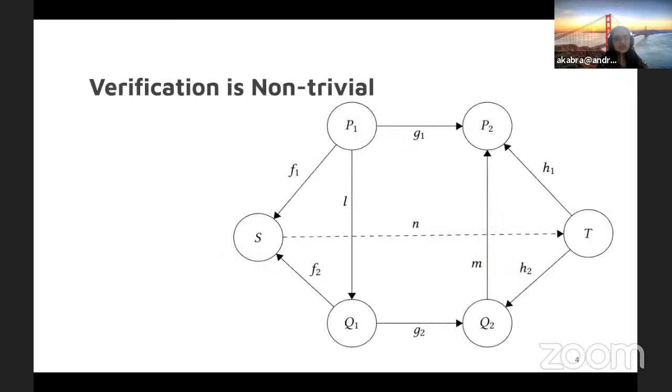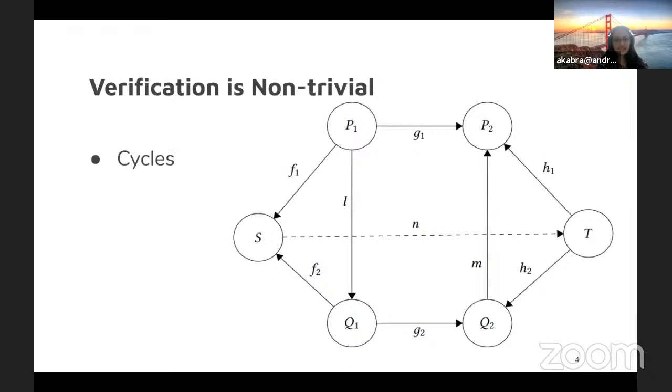The naive way to go about this is to check if all pairs of paths in the graph are equal. Look at this example where n is the new edge. Throughout the presentation, I will use the dashed arrow to represent the new edge that's being added to the graph. You can see that over here, there are many pairs of paths that will need to be checked to be equal to each other if we want to check that the entire graph commutes.